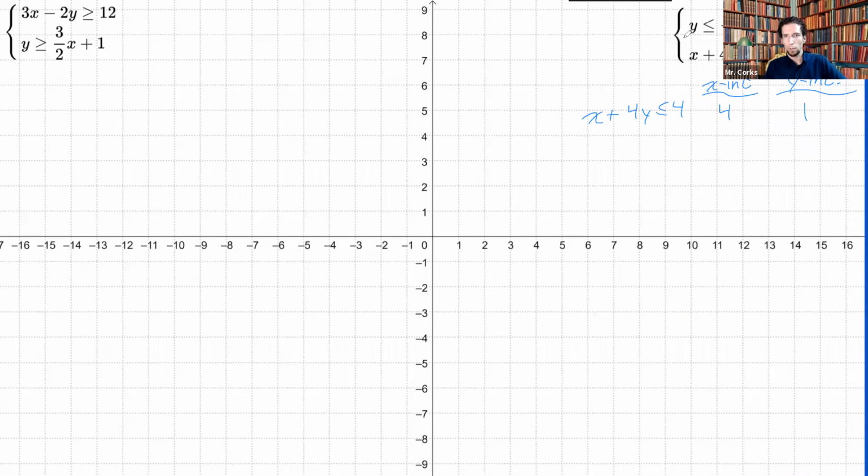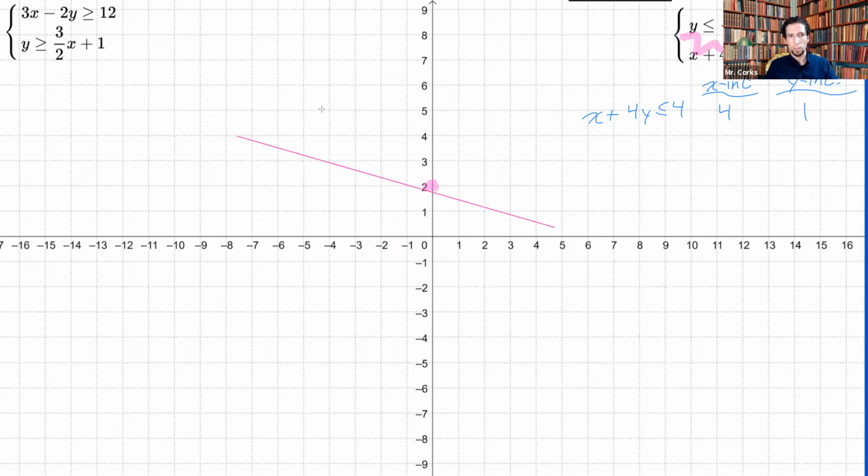Let's choose pink here. So this first one, y is less than or equal to -1/4 x plus 2, our y-intercept is here. And slope is -1/4. So remember, positive slopes look something like this.